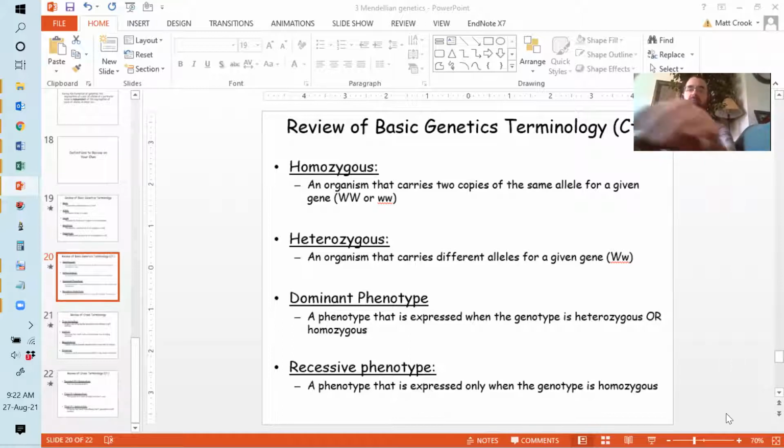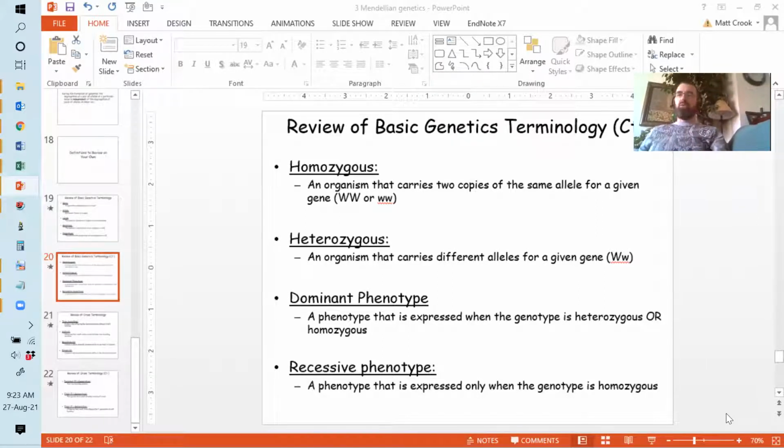Typically, not always, the dominant allele equals the normal or functioning version. And that's often referred to as the wild type allele.